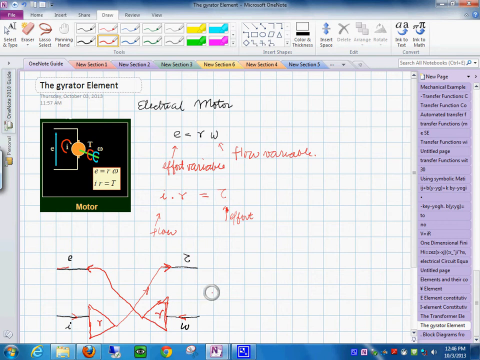But in this particular case, you can have the gyrator element. I'm going to draw it on this side. And of course on this side you're going to have E, and you're going to have the current, tau and angular velocity.